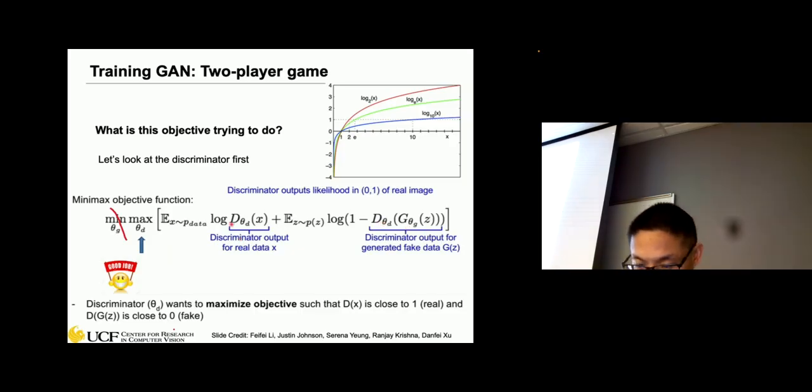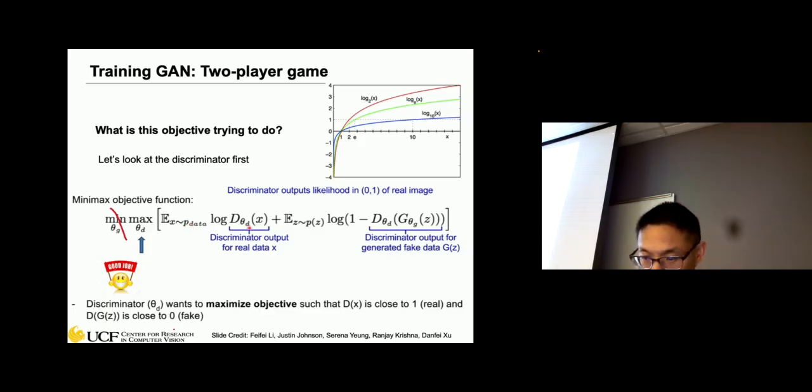The first term is where we are sampling from the real training set. This p data indicates the distribution of your training data, so this is the real data, and this x is sampled from the real data.